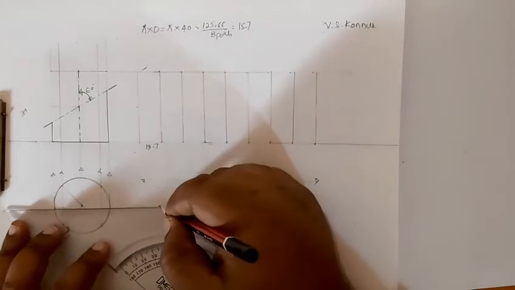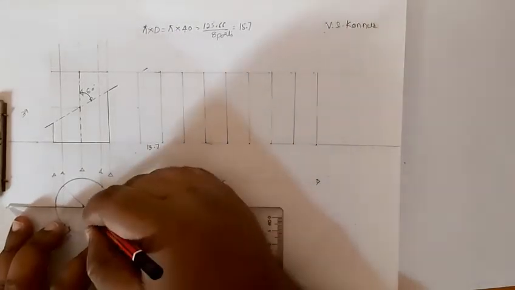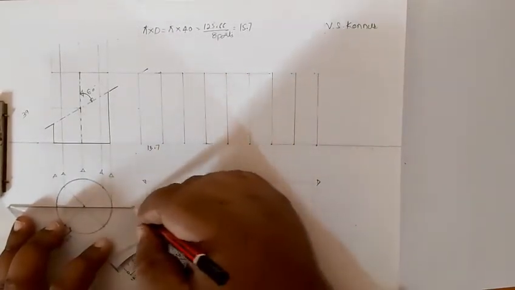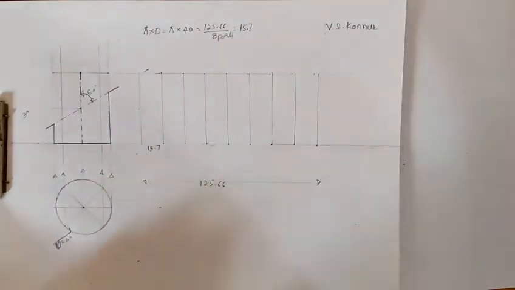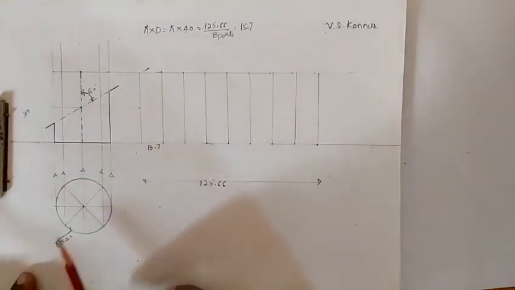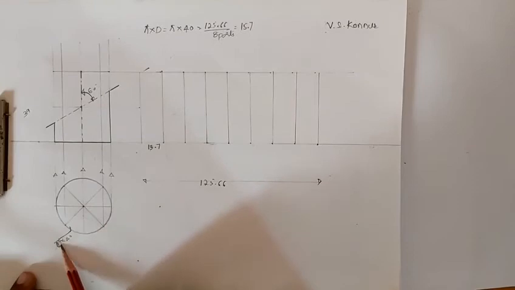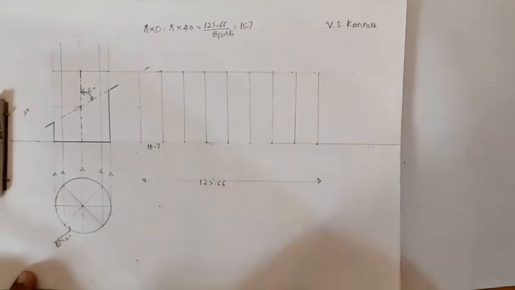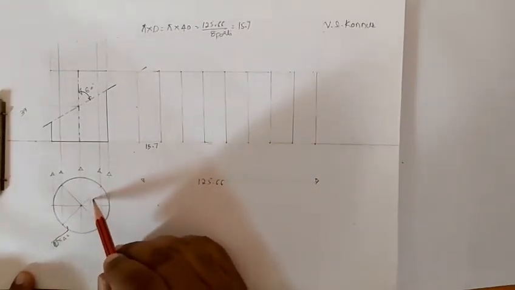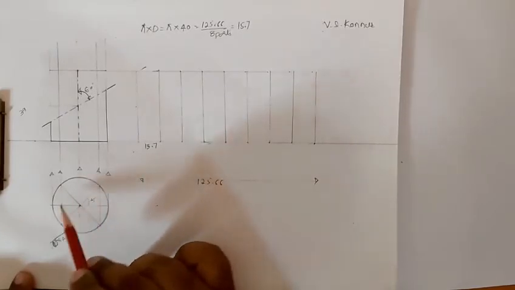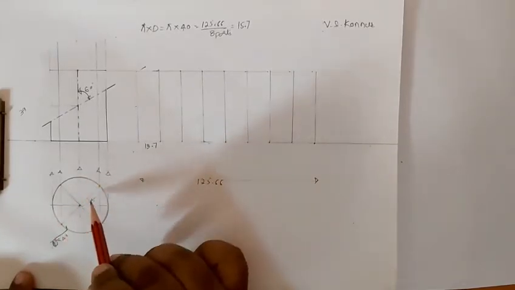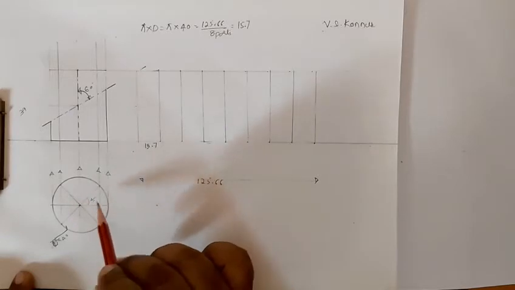Now 40 mm diameter is there. This has been divided by 45 degree each part. 8 parts I have divided, so total 8 parts are there.